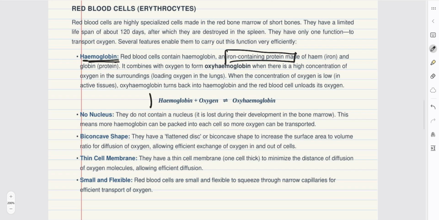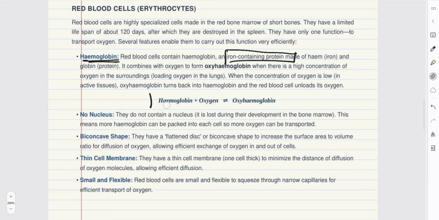This hemoglobin combines with oxygen to form oxyhemoglobin, and this oxyhemoglobin is how the blood transports oxygen from the lungs to all parts of the body. And this is a reversible reaction, right? We learn about reversible reactions in chemistry, that this reaction can go either way. So in the tissues, this oxyhemoglobin breaks down to give the oxygen and hemoglobin, and then this oxygen enters into the tissues.